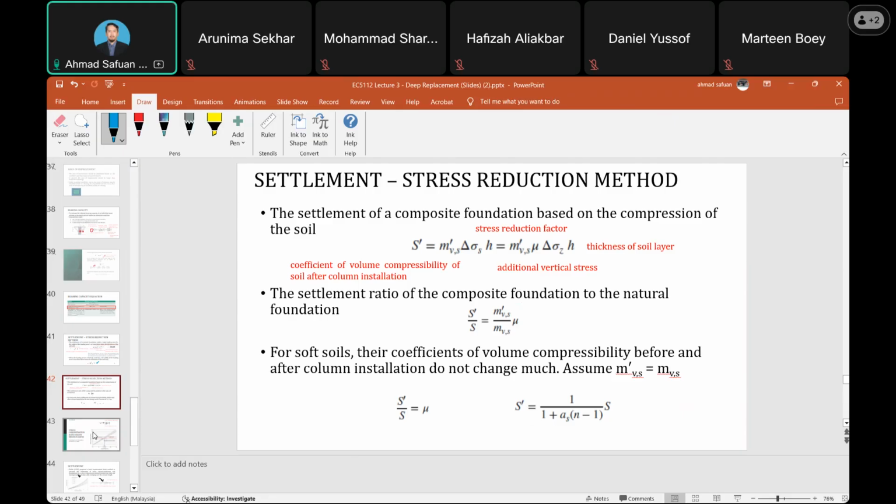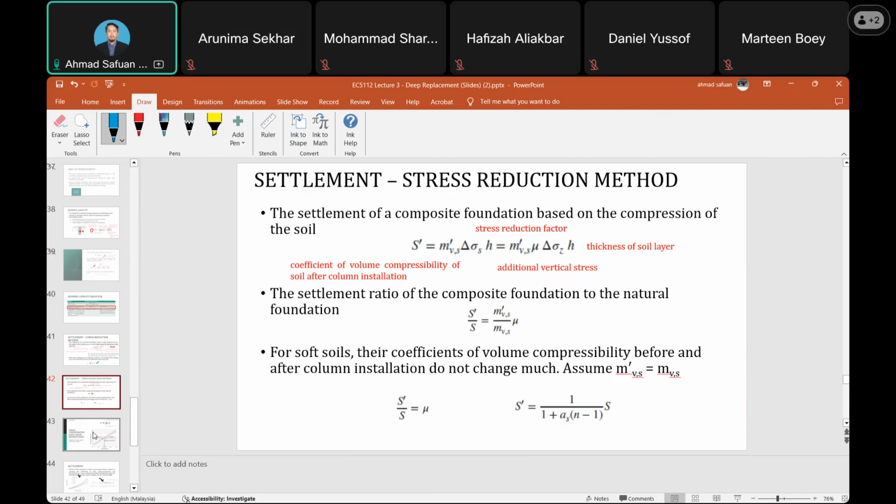The prime is used to differentiate between before and after the installation of the columns.